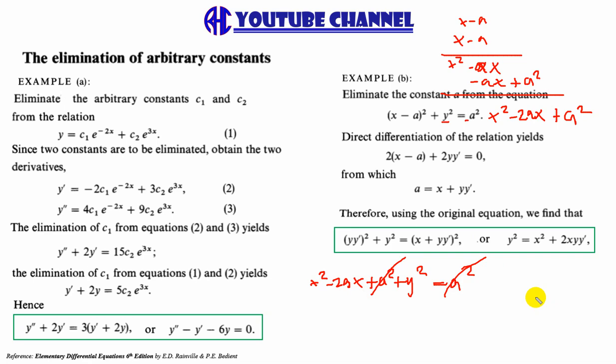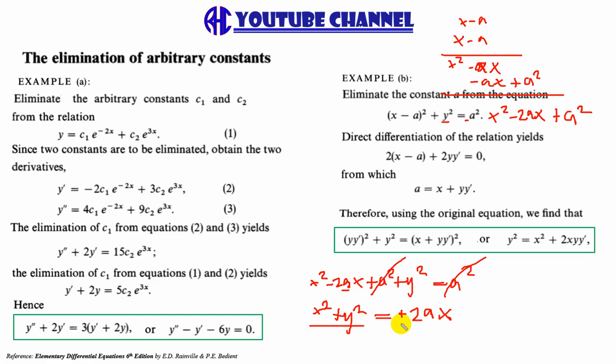Then, ano mangyayari? Okay, so, ito, pwede natin yan ilagay doon sa kabila, yung a. Yung negative 2xa, so magiging x squared plus y squared is equals to positive 2xa.